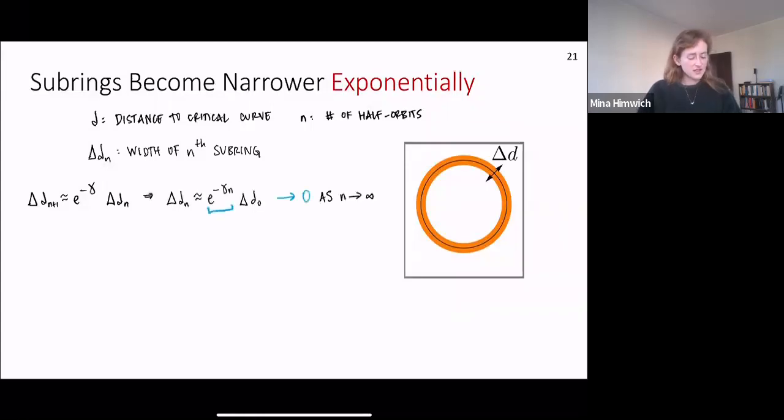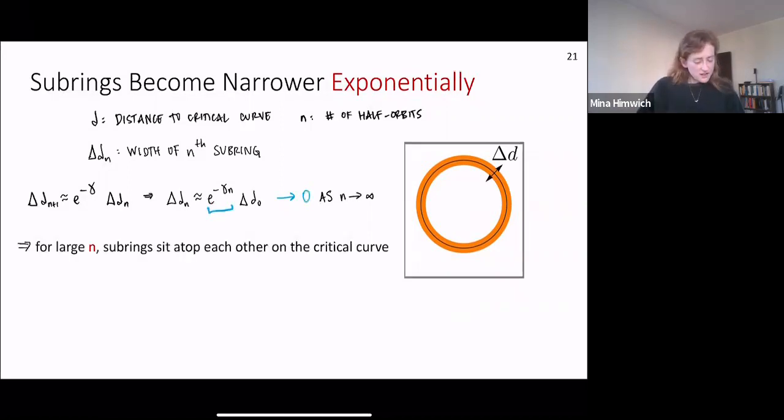And what this means is that the width of the subrings corresponding to the different number n of half orbits goes to 0 as n goes to infinity. So they'll become exponentially narrow and close to this critical curve, which is outlined in black on the picture here. And so then all the subrings will sit on top of each other on the critical curve.